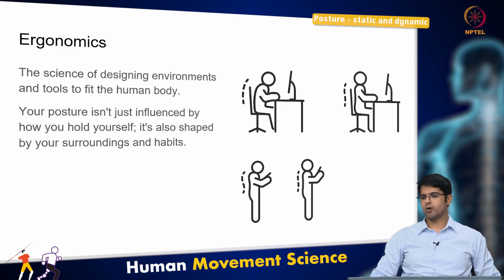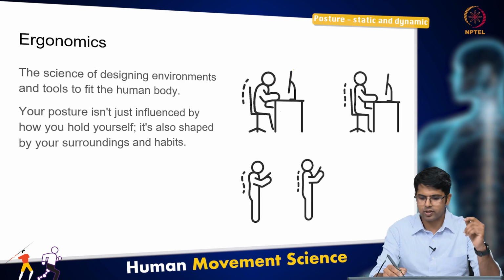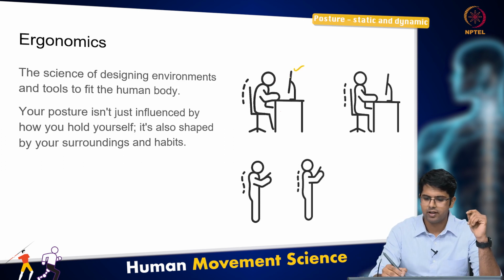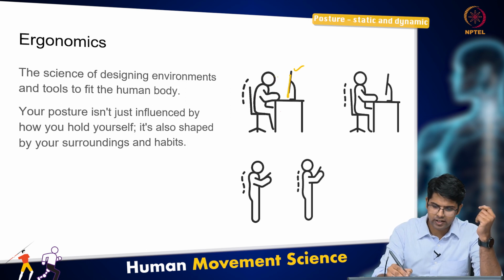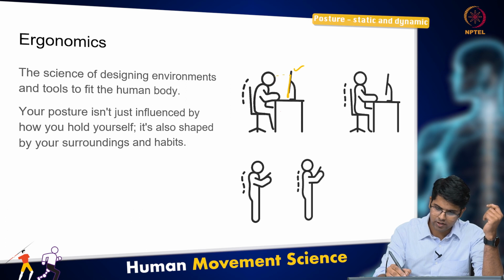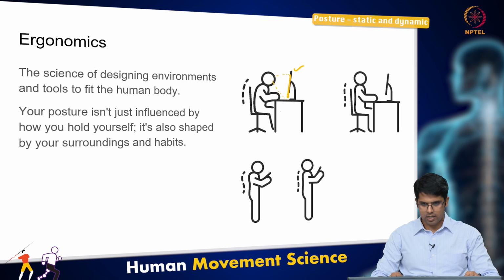One of the most popular examples given is the computer screen. Let's say someone is sitting at a computer, the monitor is down low, and their vantage of this particular monitor is from here to here. So they have to slouch over if they are to work for extended durations.